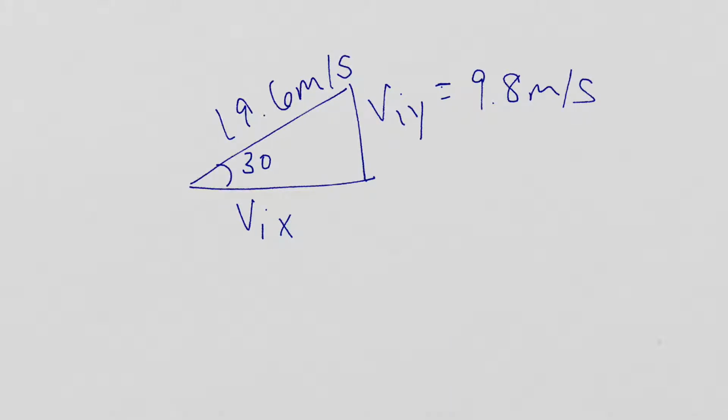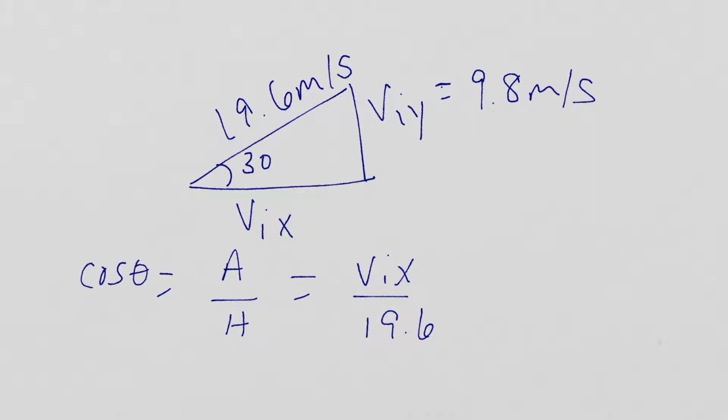The VIX is similar to the VIY. It's going to be VIX over 19.6, and that is the adjacent over the hypotenuse. So we're looking at cosine here. So this is cosine theta, and we have our theta of 30.